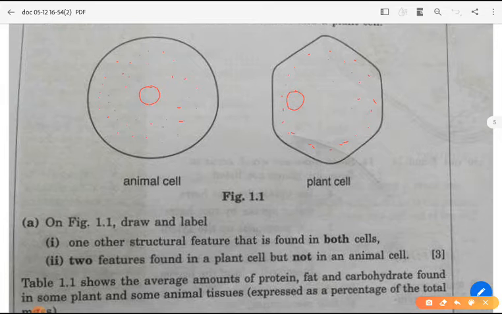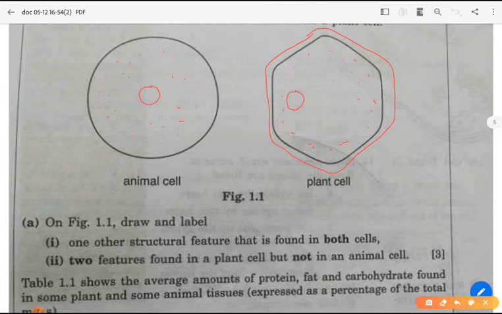Now the part 2 of this question is two features found in a plant cell but not in an animal cell. Now we have to draw two features that are present only and only in the plant cell, but we cannot find these features in the animal cell. What these structures could be? The one structure is cell wall that is present only in the plant cell and this is not seen in an animal cell.